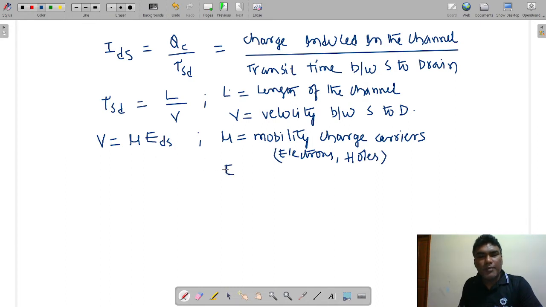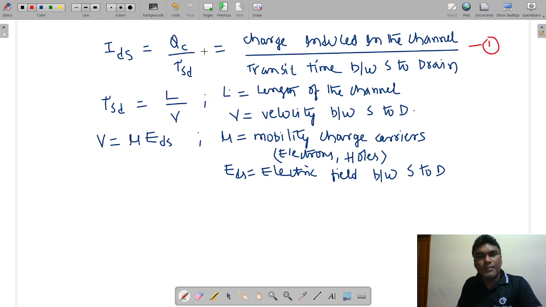EDS is the electric field between drain and source. So let us take this as equation number 1.